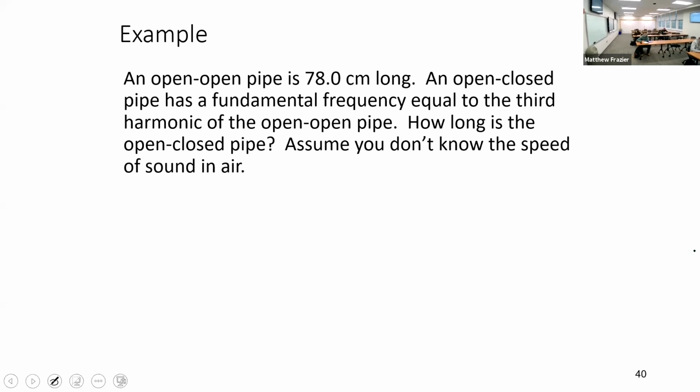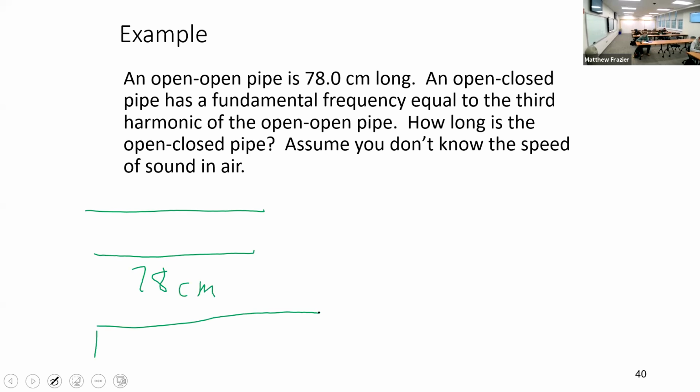So we have one pipe that's 78 centimeters long. And we're told that the fundamental frequency in this closed pipe, I'm going to draw with some length x, so its fundamental is this quarter wavelength drawn.